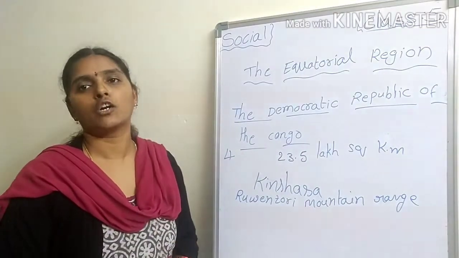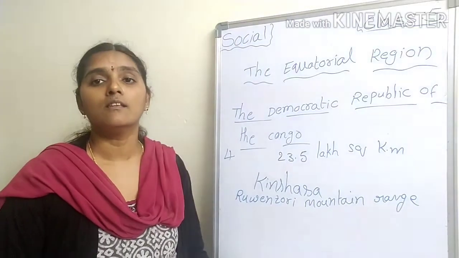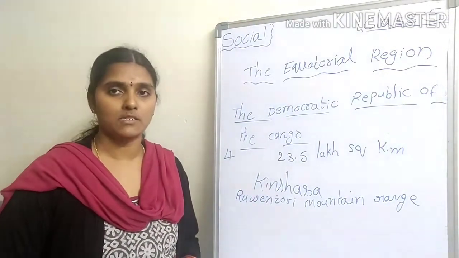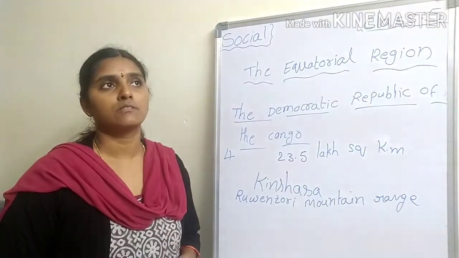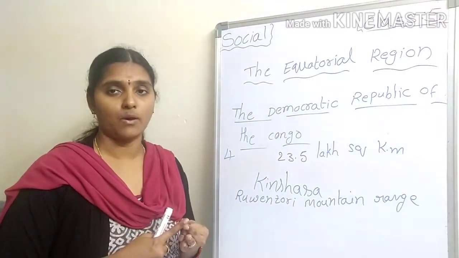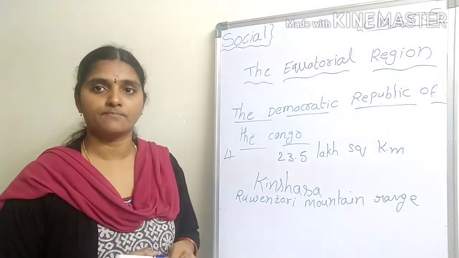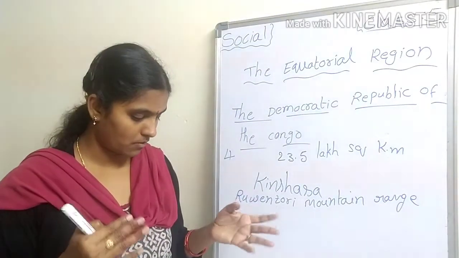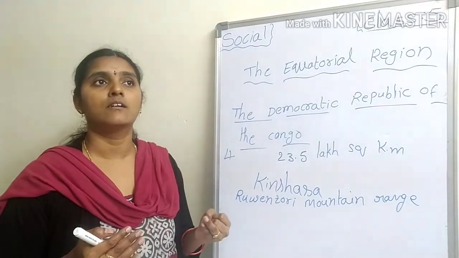The main occupation of the people is agriculture. Farmers grow cash crops also, like coffee, oil palms, rubber, tobacco, and so on.